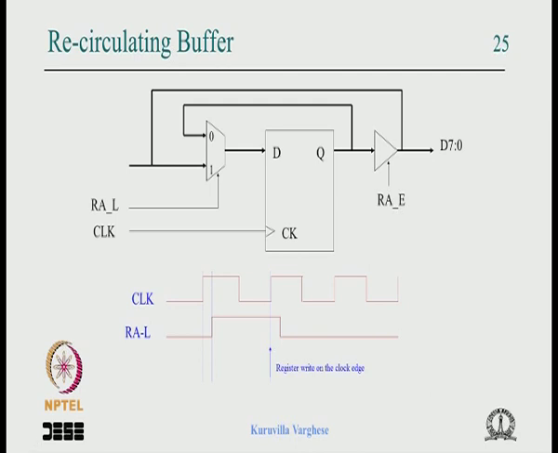But the only problem, as you see, is that every clock this is getting clocked. Maybe we enable the data sometime and the data goes here, but all other time the same output is recirculated back to input.